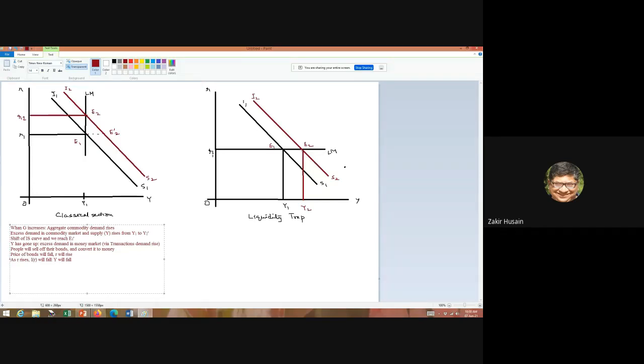When your transactions demand has fallen by exactly the same amount that it had increased. So if the increase in transactions demand is, let us say, X, the decrease in transactions demand because Y is falling must also be exactly X. So your income has gone up from Y1 to Y prime 2. So when will the money market be in equilibrium? When income falls from Y prime 2 back to Y1.